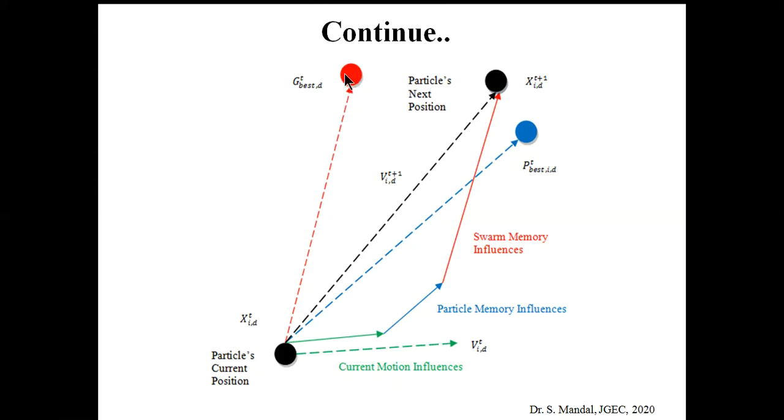This direction is g_best,d, and this point denotes the corresponding particle's local best solution. So this is the current velocity, global best solution and local best solution.